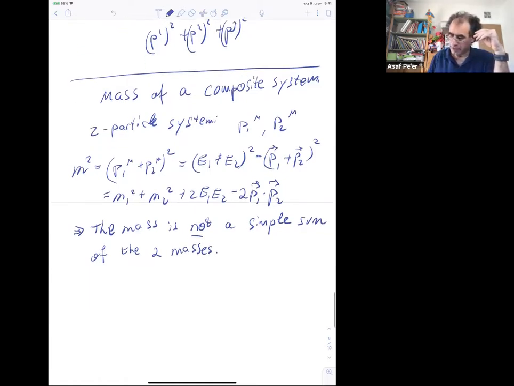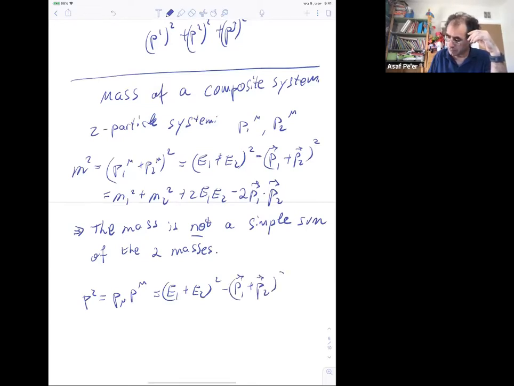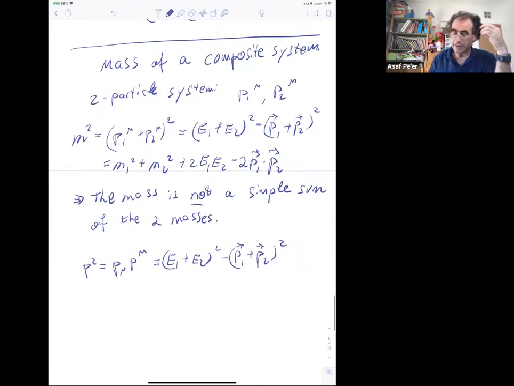However, we know that p squared, right? P mu, which is just (E1 plus E2) squared minus (P1 plus P2) squared, right? This is a scalar, and it is a Lorentz invariant. Right? So Lorentz invariant means it has the same value in every reference frame, every inertial reference frame.